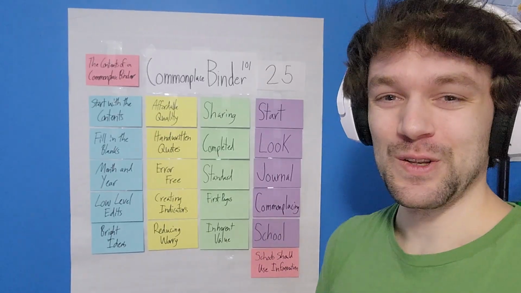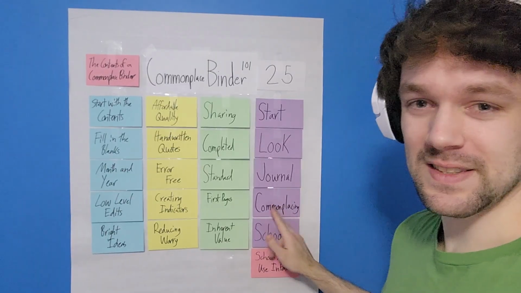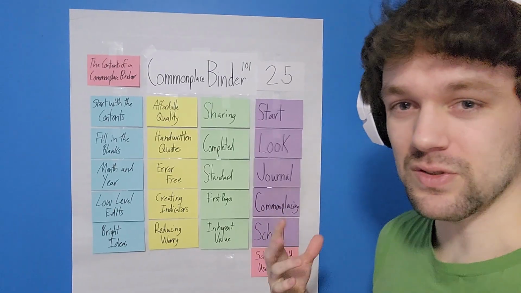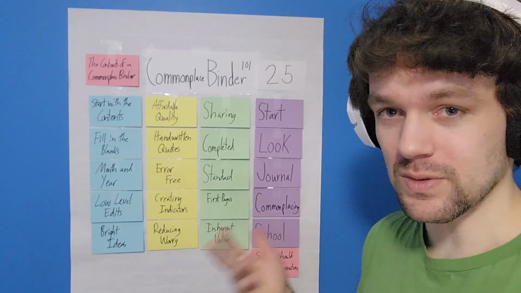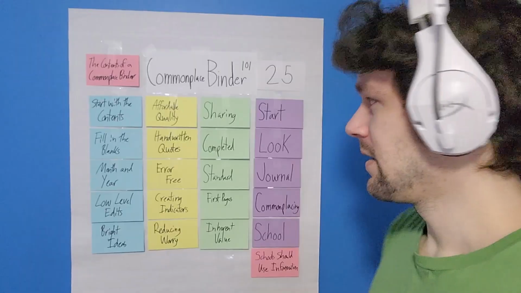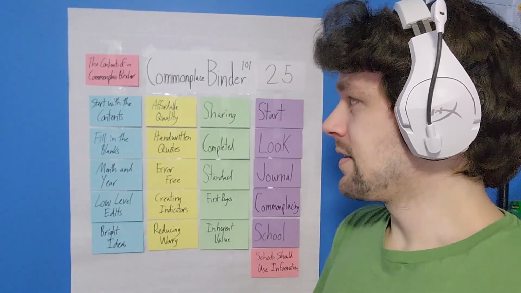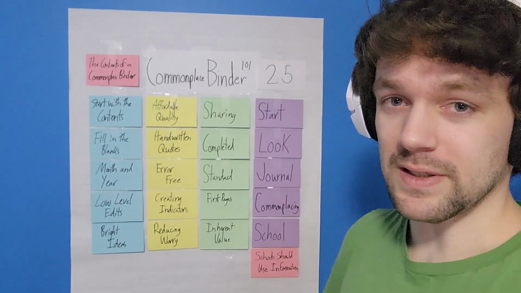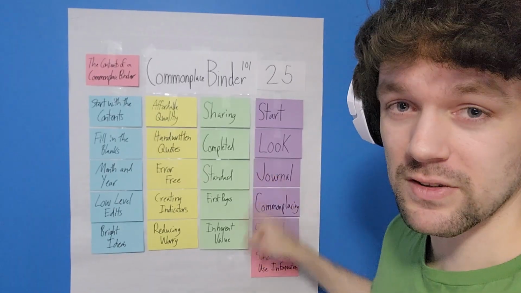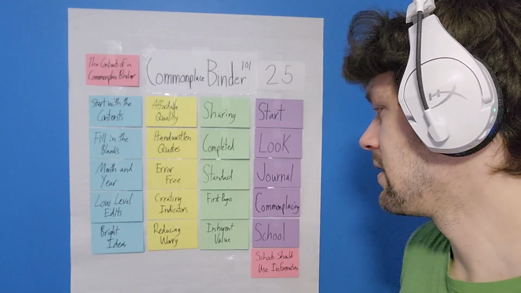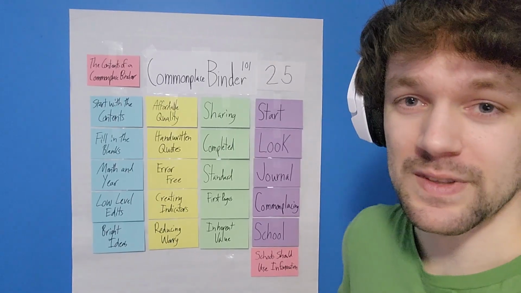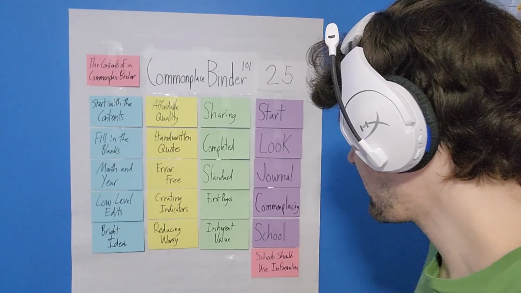It's just commonplacing. It's just your common place to put stuff, and then look at it later and do something with it. So you could define it a whole bunch of different ways. I guess you could just make it a journal. I guess you could just put some bright ideas in there. I don't know. It really depends on what you want to do with it.